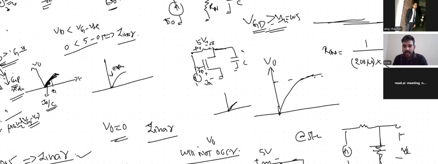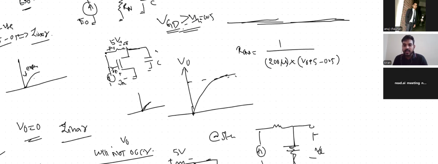At steady state, I want my entire current to flow through this R on only. There will be no current through the cap. So 5 milli equals the voltage divided by the resistance: V naught divided by R on equals 5 milli.